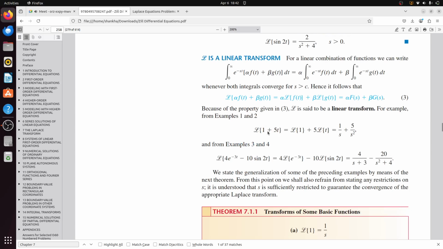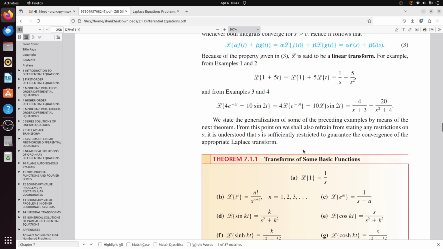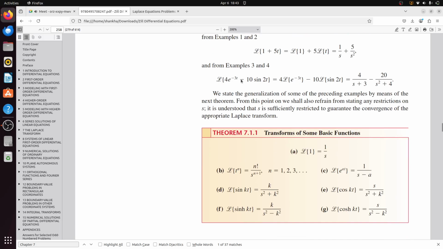If you have Laplace transformation of 1 plus 5t, that will be Laplace transformation of 1 plus 5 into Laplace transformation of t, that will be 1 by s plus 5 by s square, because we have already determined these. Now 4 e to the power minus 3t, we have already discussed e to the power minus 3t, so that is 4 by s plus 3, and sin 2t will be 2 by s square plus 4, so that will be 4 by s plus 3 minus 20 by s square plus 4.